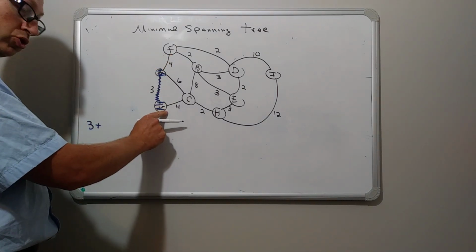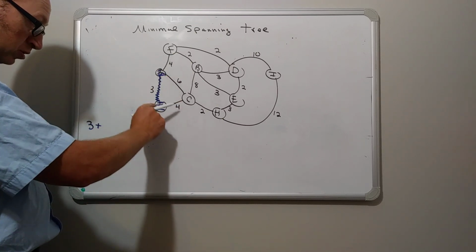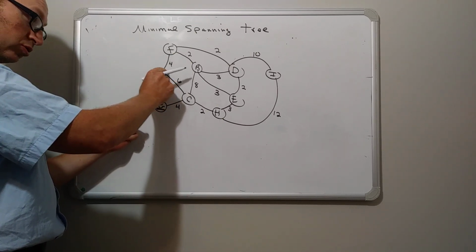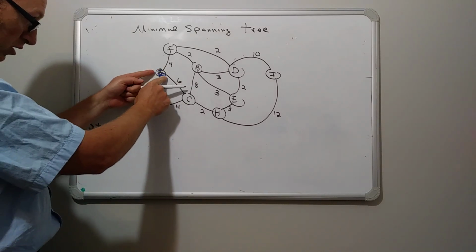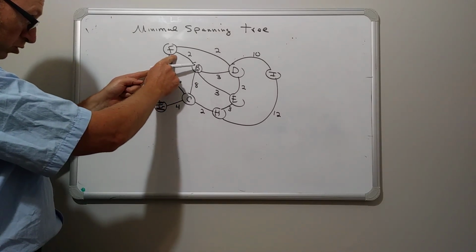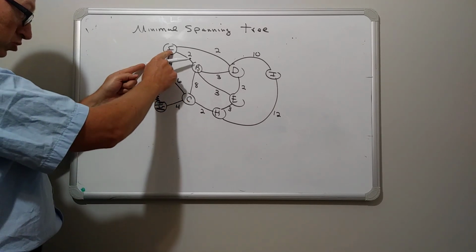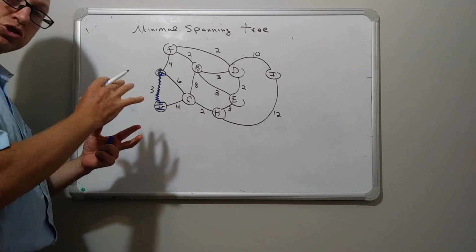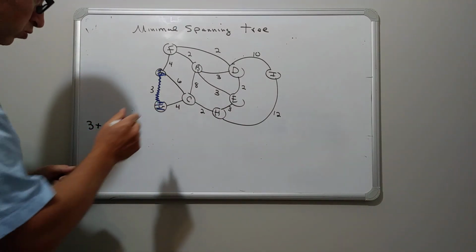Remember, it's not just what's the closest to G. It's what's the closest neighbor to the shaded set. So A is 6 and 4, G is 4. You could choose C next, or you could choose F next. Just choose one. Break the tie, but do not choose both.